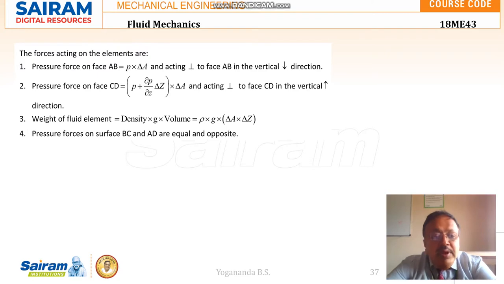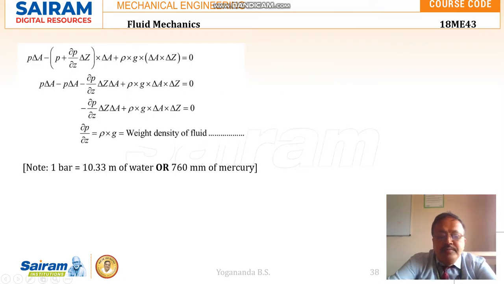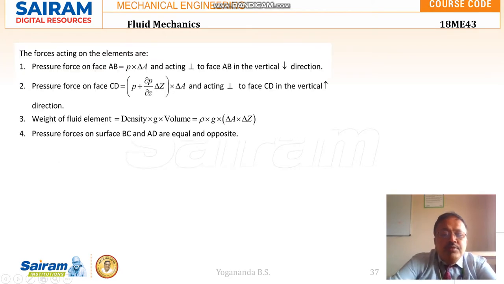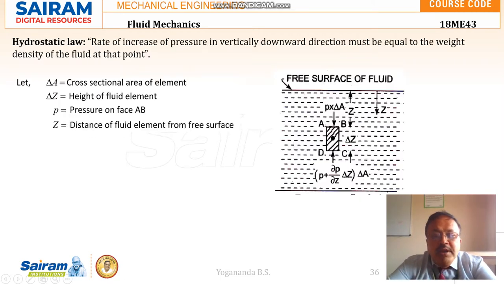Now I have the weight of the fluid element. Weight density is equal to weight by volume, so weight is equal to weight density into volume. Weight density omega is equal to mass density into g, that we have already studied. So omega, that is rho g, into the volume of the fluid element.